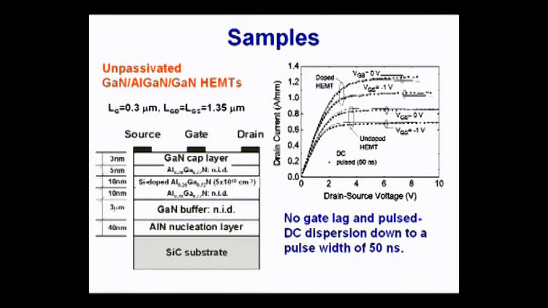In spite of the absence of passivation, these devices show a negligible gate lag, and this can be seen from this figure, in which we see that there are no differences between pulse measurements and DC measurements.